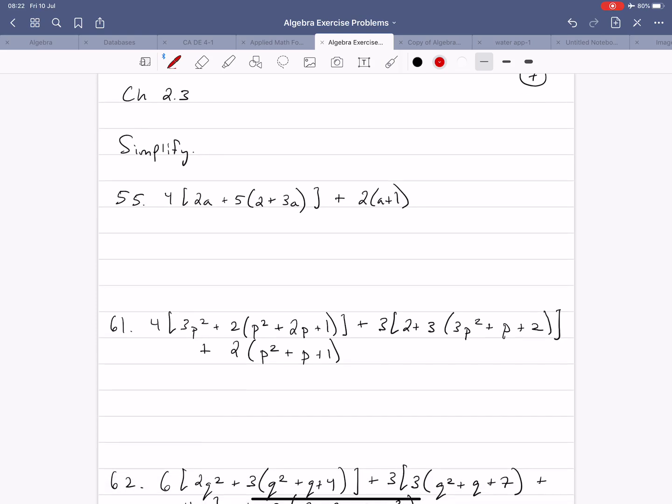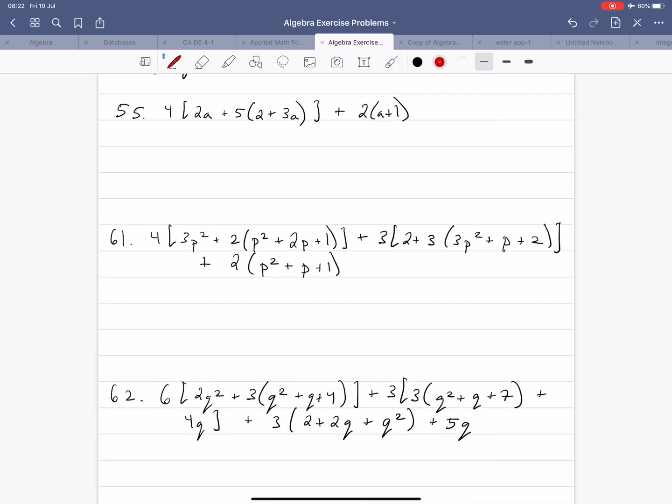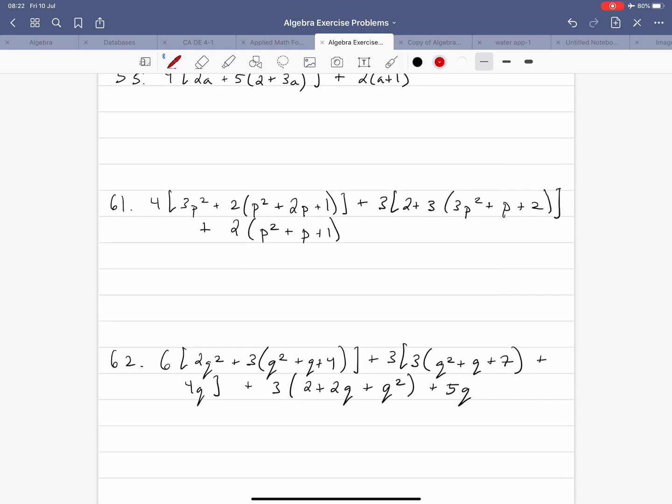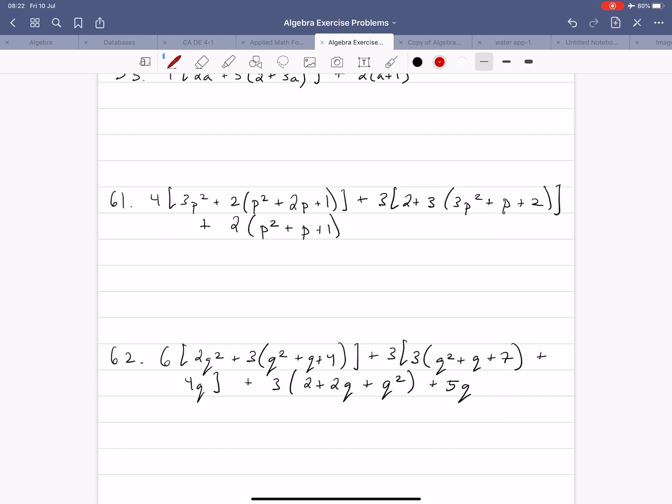Okay, we're going to do one final example. So this is asking us to simplify. And we're going to take a look at number 61 here, which looks really massive. But we're just going to take it step by step. And when we do that, it won't be too bad. So what we can see is that we've got a lot of terms with p squared.